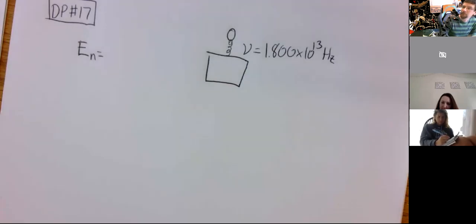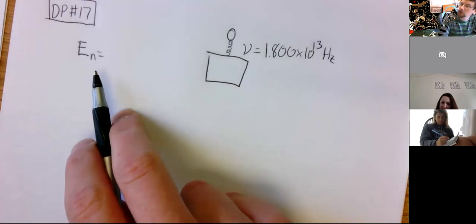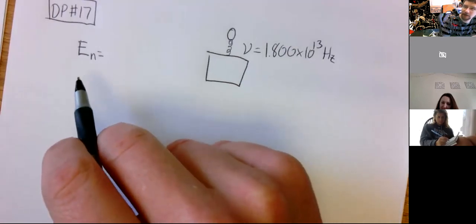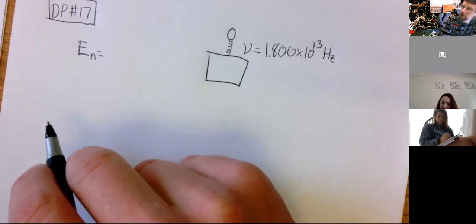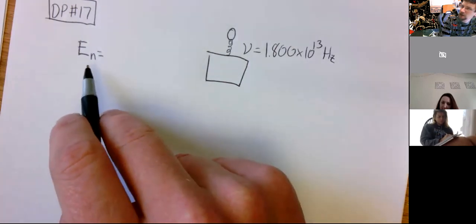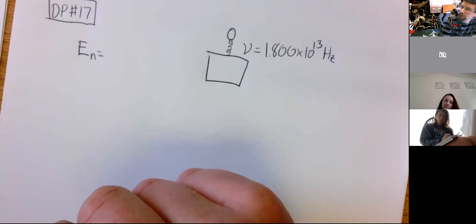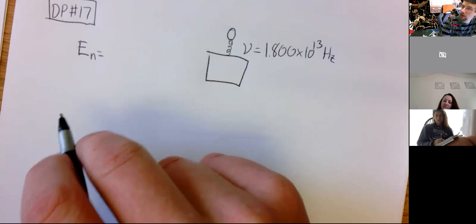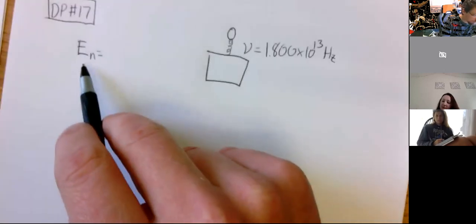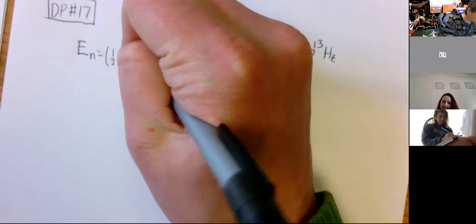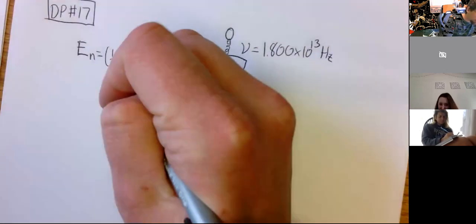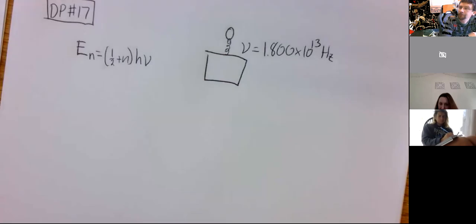Okay, so you guys had to look up what the energy is for a harmonic oscillator. So what did you find that energy to be? Like the general equation, if we have some principal quantum number n. We didn't get a chance to derive this yet, but it's 1/2 h bar v, and there's a plus n in here.